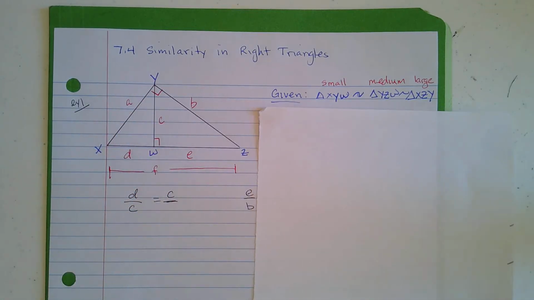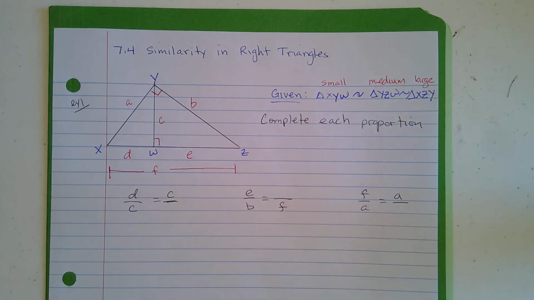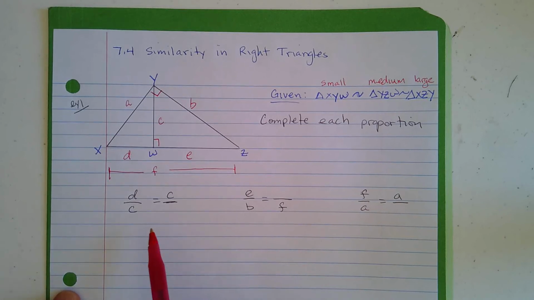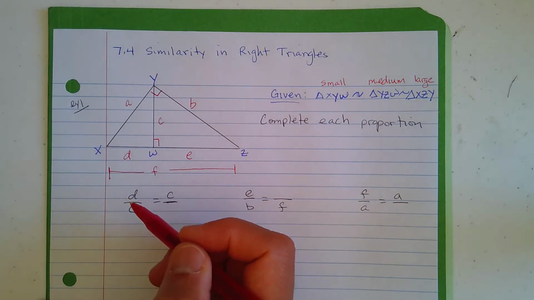So given this situation, we want to complete each proportion. Remember, a proportion is when you have one ratio equaling another ratio. All right, so let's take a look at this first one.